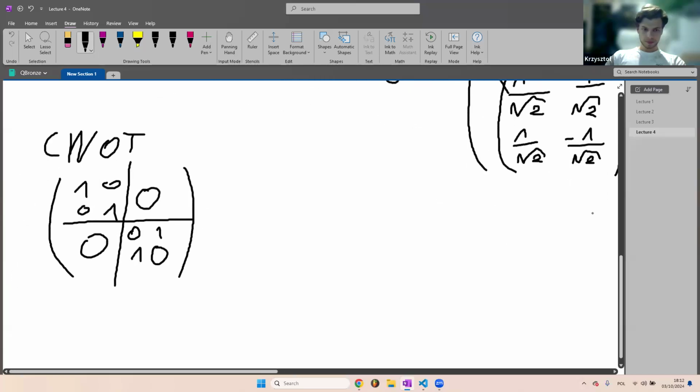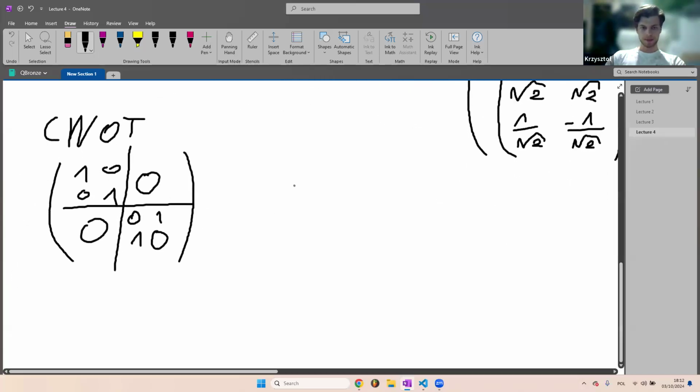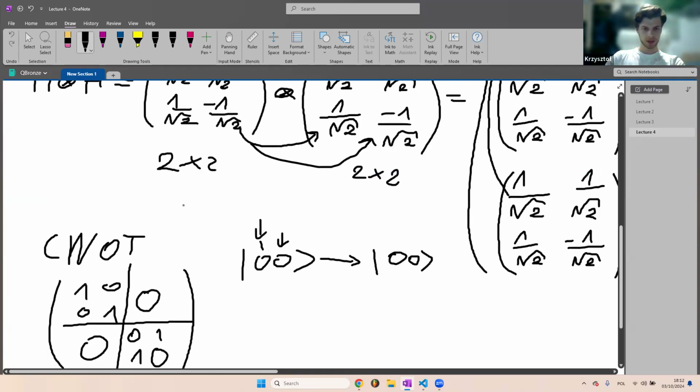We talked earlier that the CNOT gate flips the second qubit only if the value of the control qubit is 1. In this case, the first qubit is the control qubit and the second qubit is the target qubit. So this is control, and this is target.